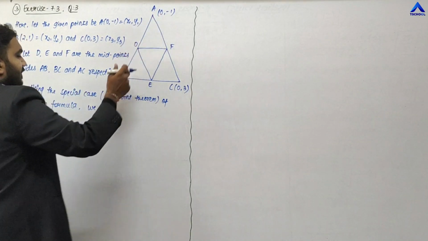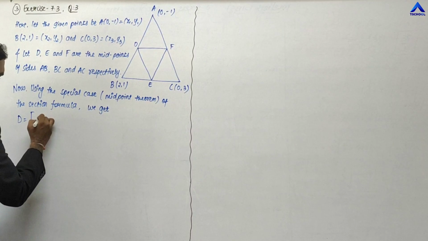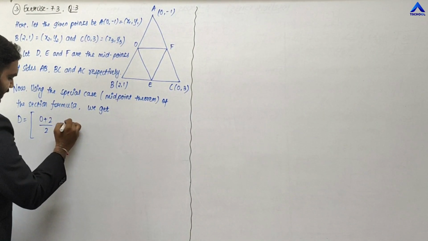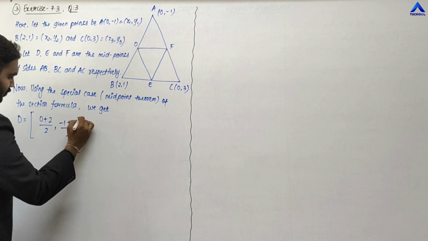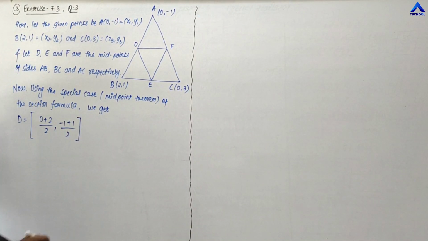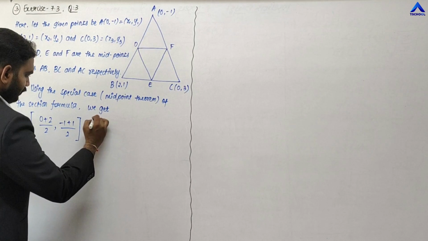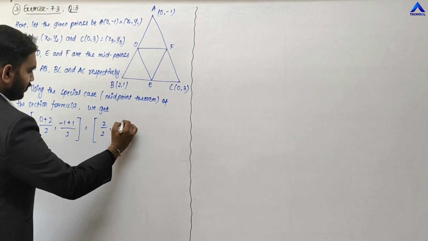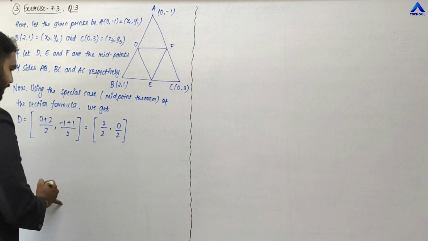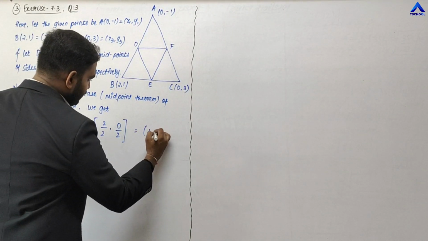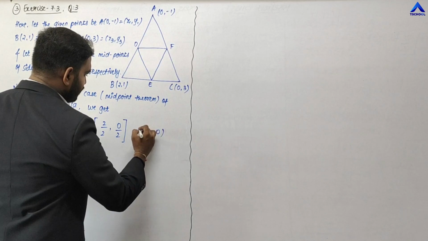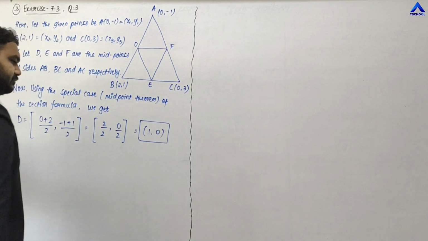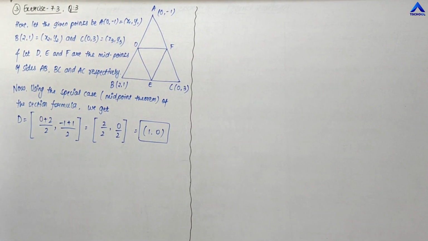So that is 0 plus 2 upon 2, comma, minus 1 plus 1 upon 2. Right? Which is equal to 2 by 2 comma 0 by 2 and which is 1 comma 0. So we got the first one, that is coordinates of D here, that is 1 comma 0.